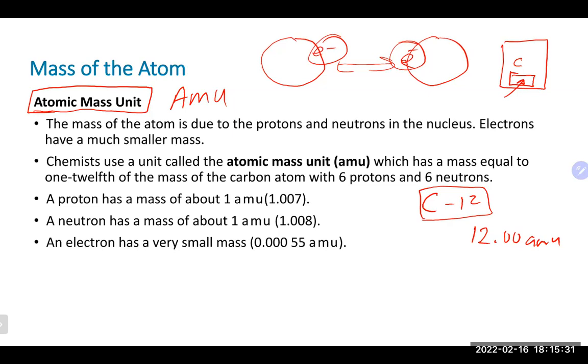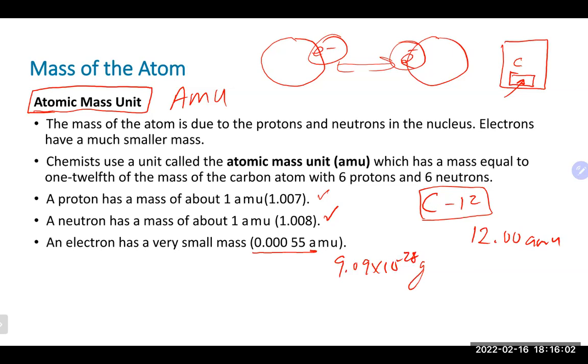The proton has a mass of 1.007 AMU. That is slightly less than our neutron, which has a mass of 1.008 AMU. Our electron is the least massive of all of them at 0.00055 AMU. That's roughly the number I gave you earlier, 9.09 times 10 to the minus 28 grams if you do the conversion.